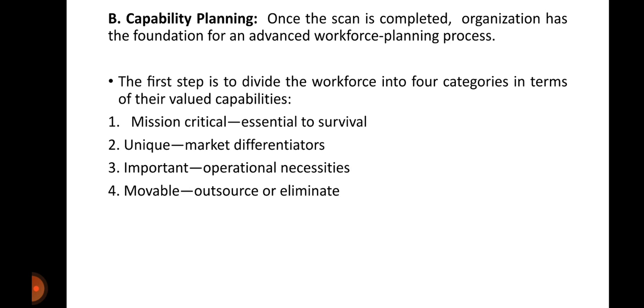And the next step from here is dividing your entire workforce. However many people there are in your organization, you collect them, consolidate and try to divide them into 4 different levels. The first one is mission critical or essential to survival.